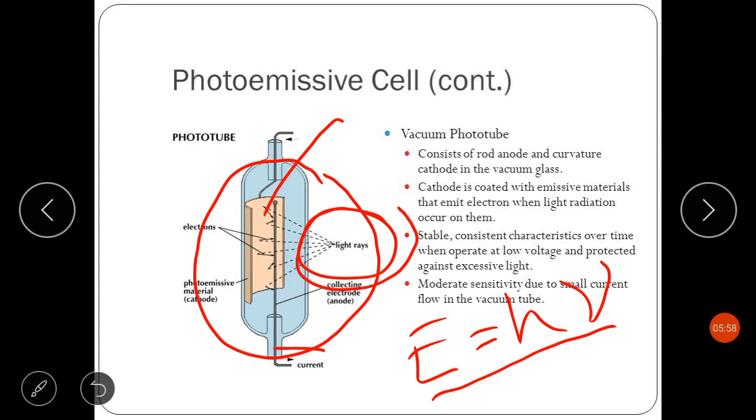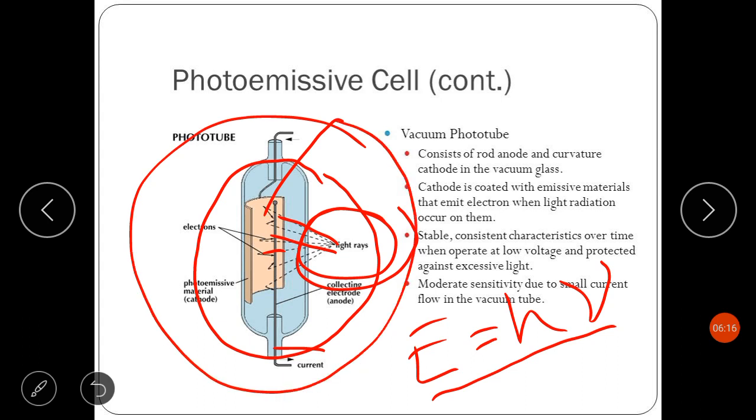These emitted electrons are collected by the anode and form the electric current. This is the whole mechanism of how light energy is converted into electrical energy using the vacuum type photoemissive cell. It is also called a vacuum type phototube.